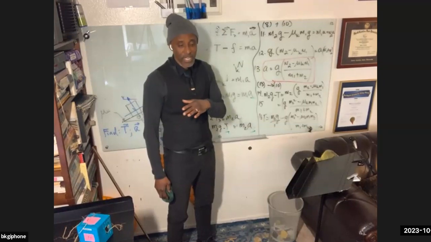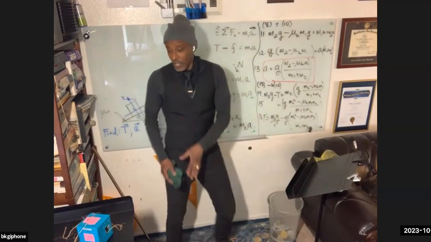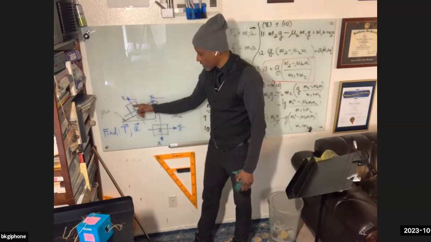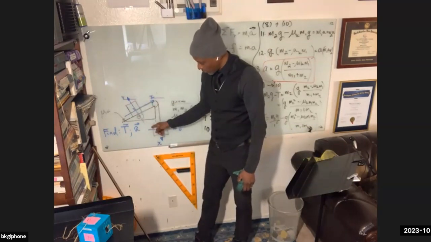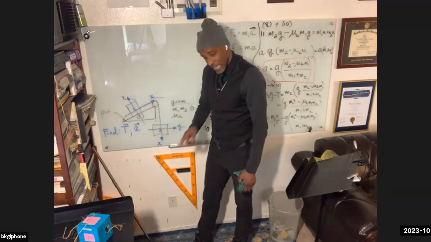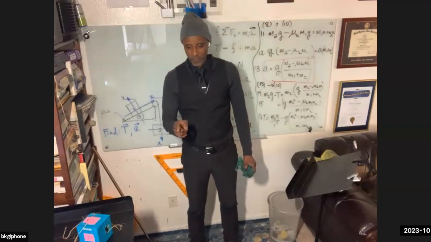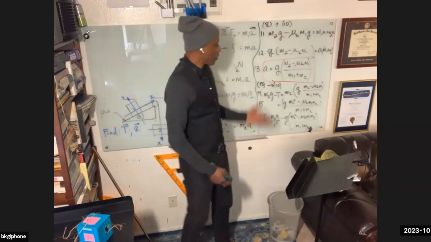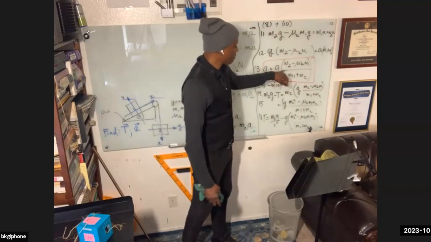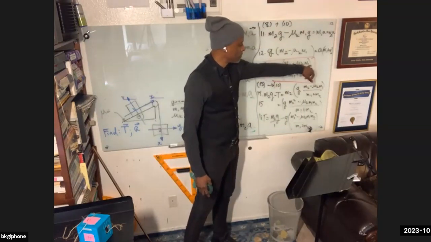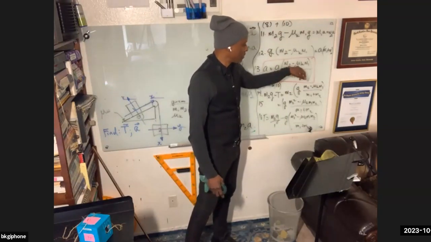But when it's not flat, the normal force has a component along the y direction, and that component is consistently mg cosine theta. So you can see the normal force right in there, g times mu k m1 g cosine theta.